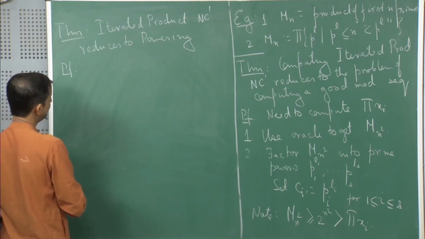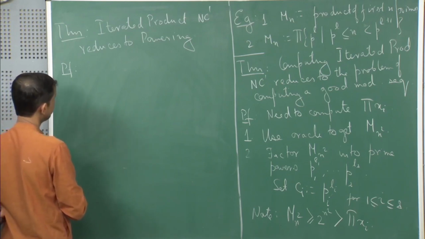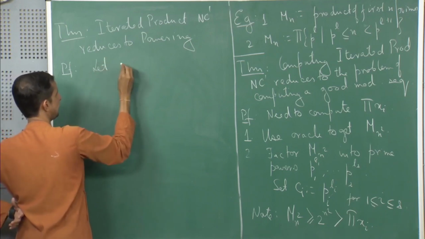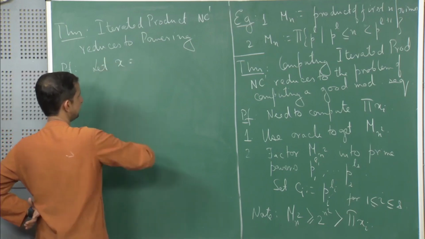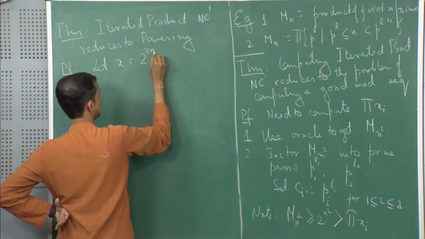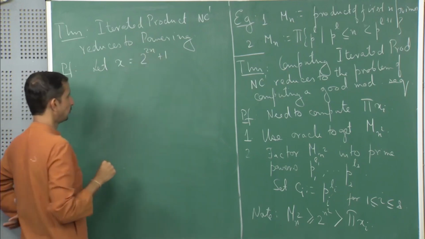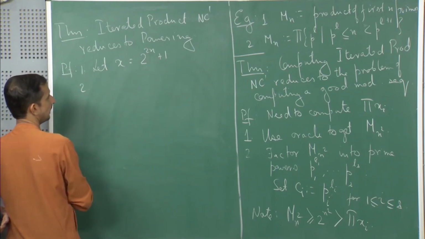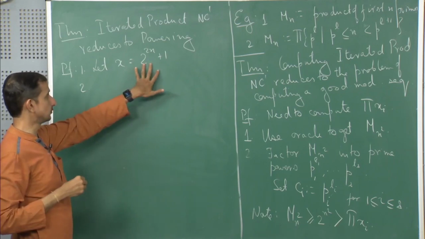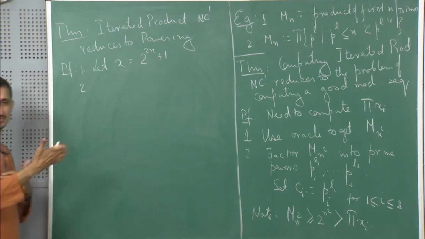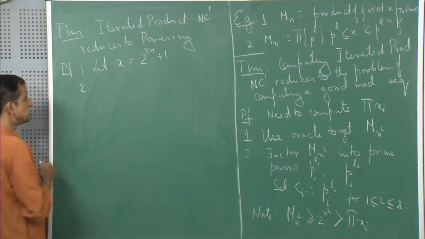So what we will do is we will let x be equal to the number 2 to the power 2n plus 1. Given n, I can of course compute this. Given n, I can get 2n, and 2 to the power 2n is just adding 2n many zeros.